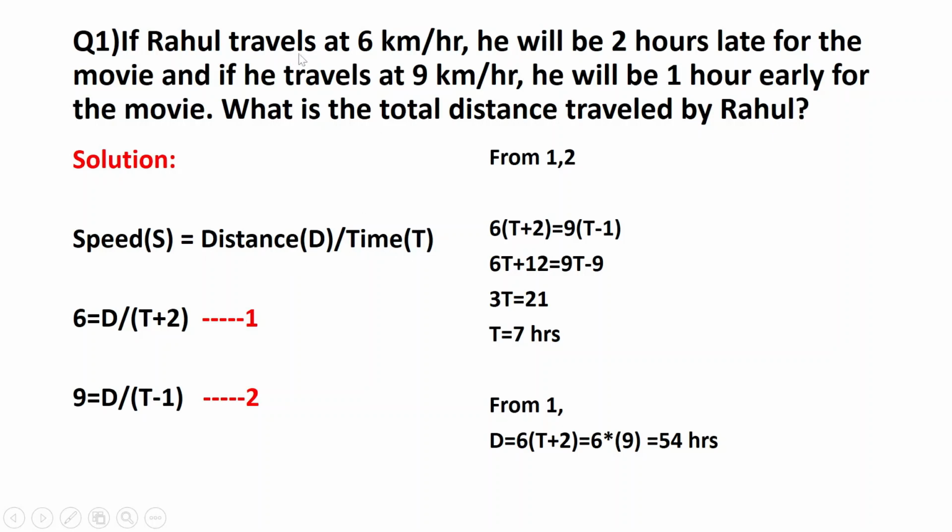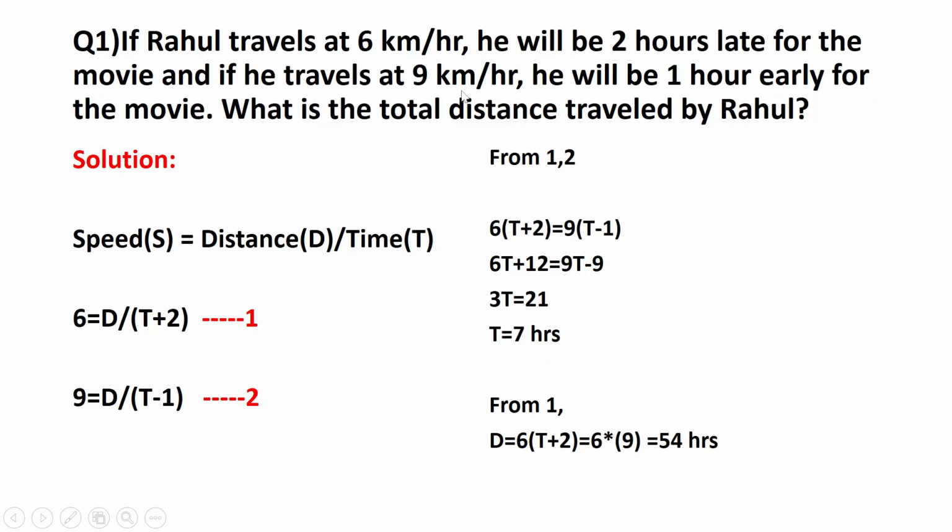Now, if Rahul travels at 6 km per hour, he is 2 hours late for the movie. So if he travels at 6 km per hour, the distance is D, he will take 2 hours more, that is T + 2.